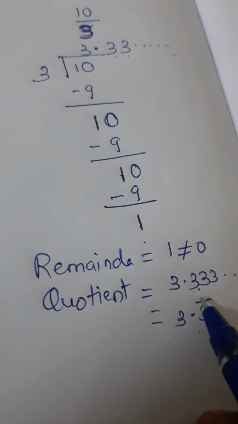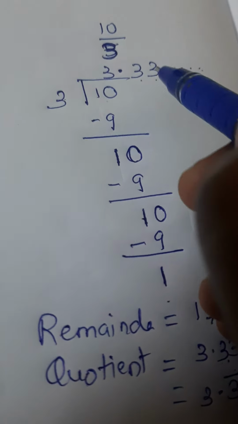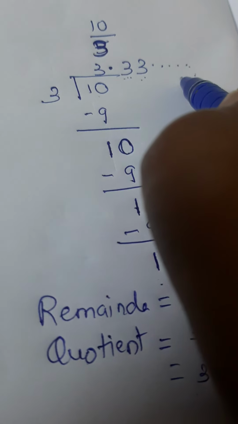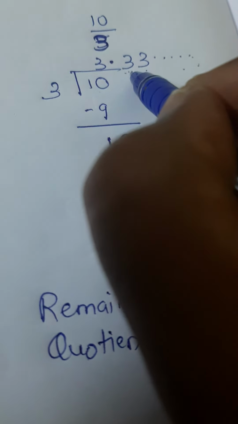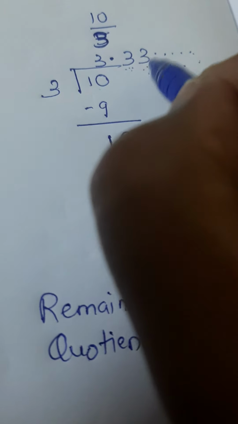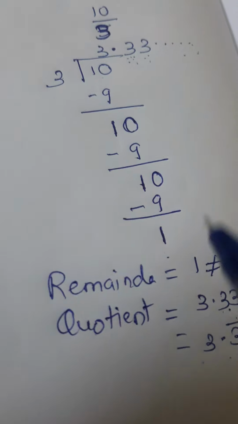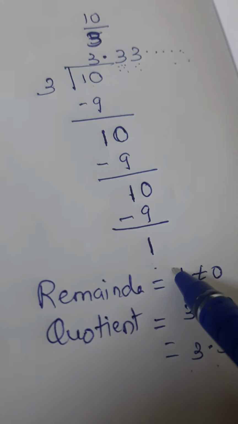So what you observe here is that the decimal part never terminates, as a single digit or a block of digits repeats itself. In this case, a single digit repeats itself, and your remainder in such cases will never be 0.